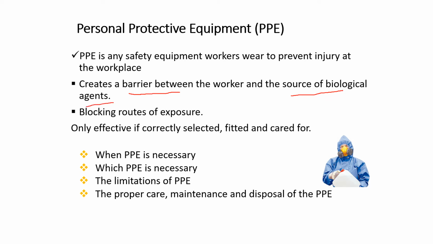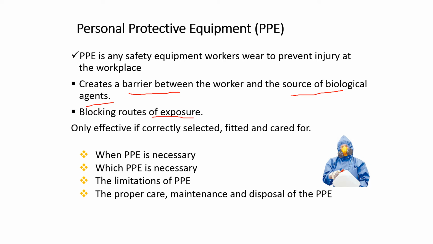Okay, so if you are working on biological hazards, of course it provides protection or a barrier. And if you are working on chemical hazards, this acts as a barrier. And of course it blocks the routes of exposure.